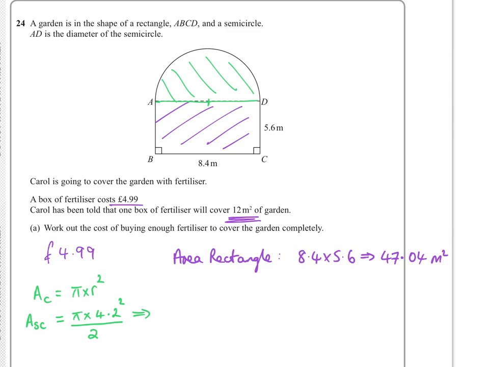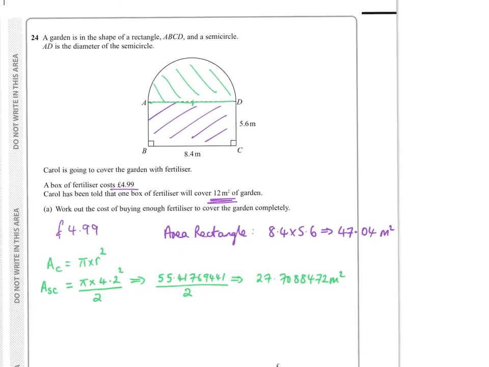I'm going to write that down first, the top part, and that's 55.41769441, and then that's divided by 2, just so I don't make any errors here, and that's going to be 27.7088472 metre squares.